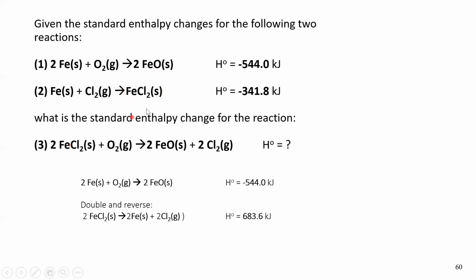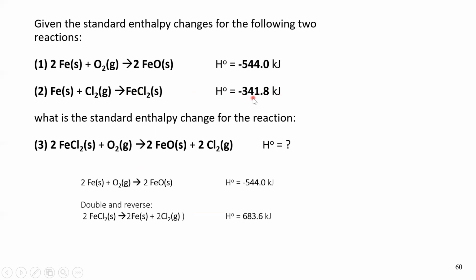And we don't want to end up with one FeCl2. We want to end up with 2 FeCl2. So we're going to have to multiply that second reaction by 2. So that means we're going to have to do the same change to the H value. We're going to have to change the sign because we're flipping the equation.